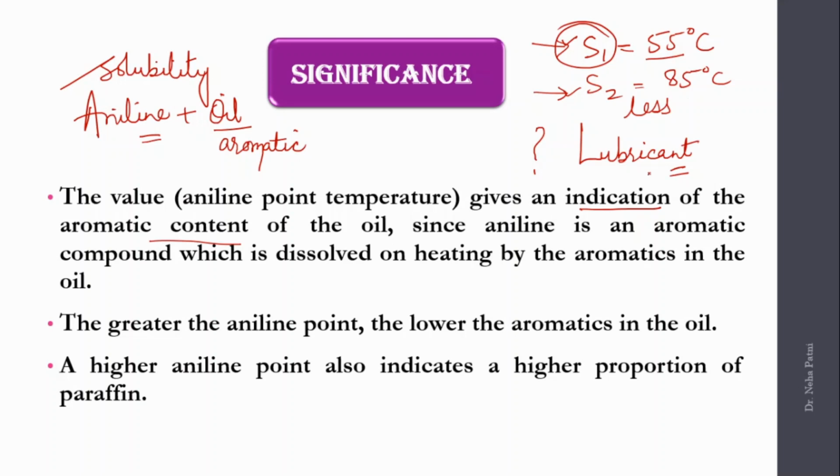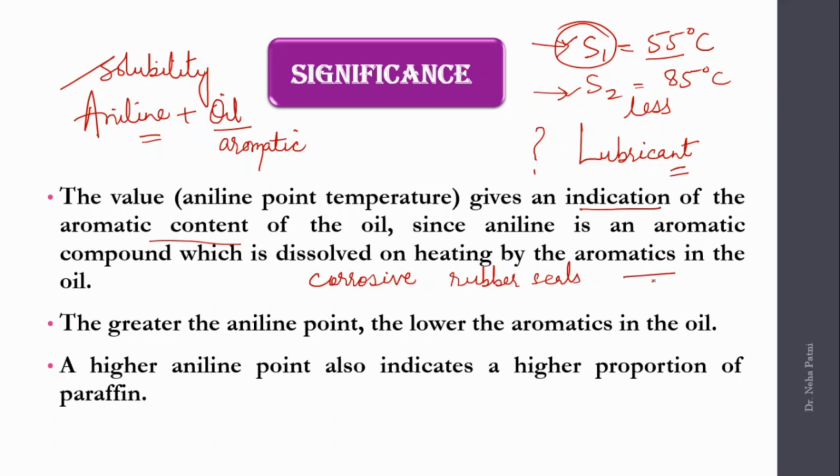Aromatics, if you remember, benzene, aniline, nitrobenzene, phenol, chlorobenzene, they all have a peculiar smell. Then they liberate gases. They are carcinogenic, cancer causing, and they are corrosive. So if the lubricating oil has more aromatic content, it would be corrosive. It's going to corrode rubber seals, etc., or other material except glass.